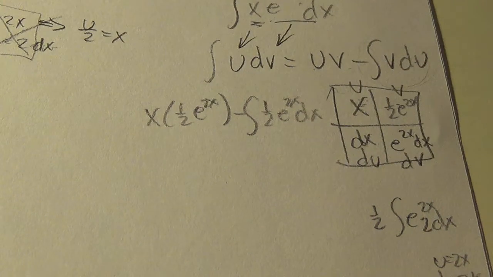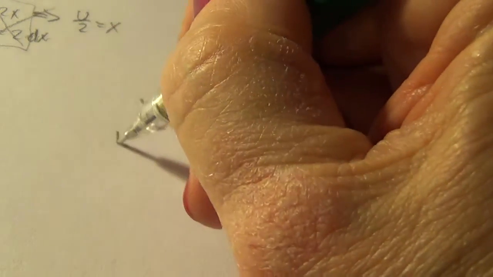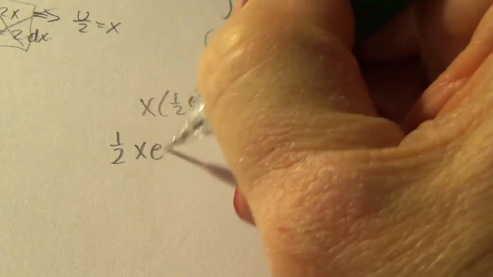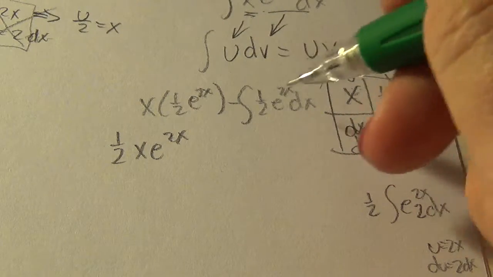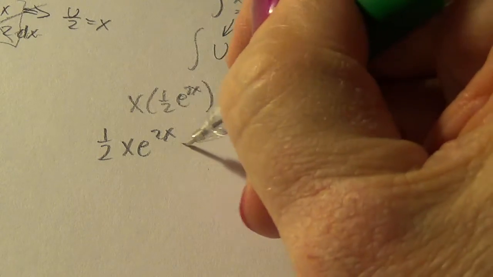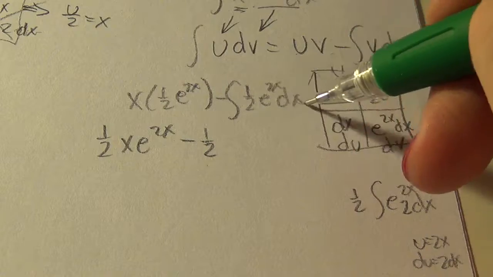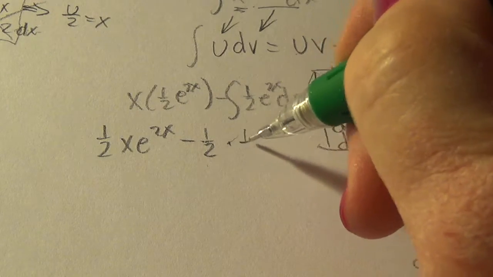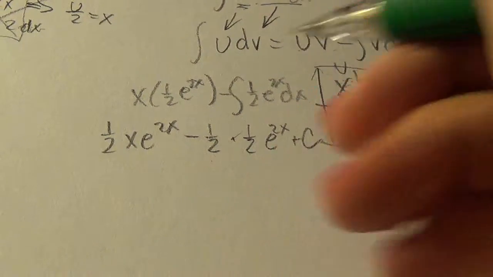Alright, so simplify over here. I'll do 1/2 x e to the 2x. Can I integrate this? I can. It's actually a repeat of this over here with an additional 1/2. So I'm integrating e to the 2x, which is 1/2 e to the 2x plus c.